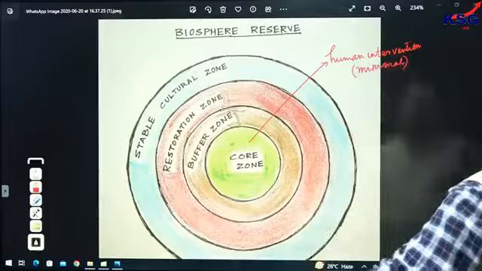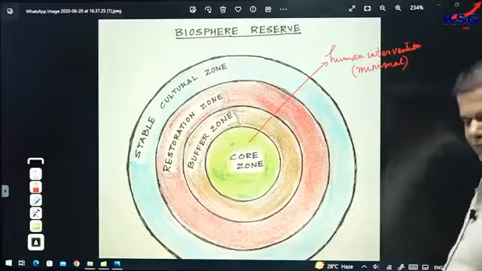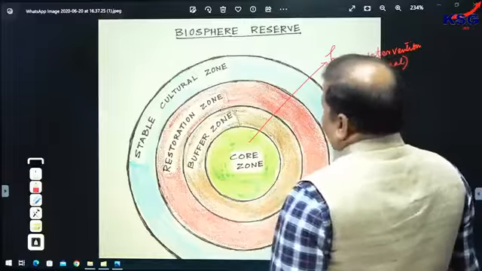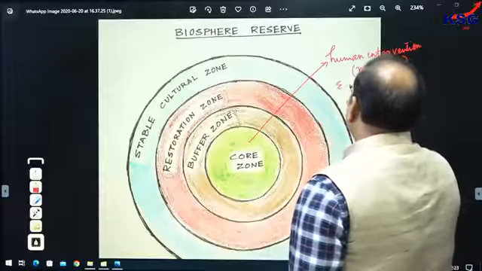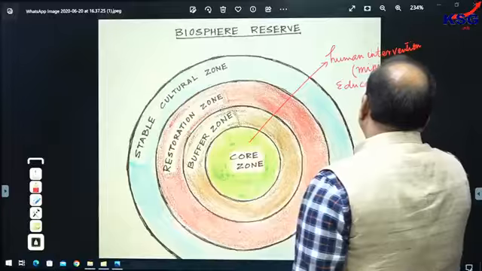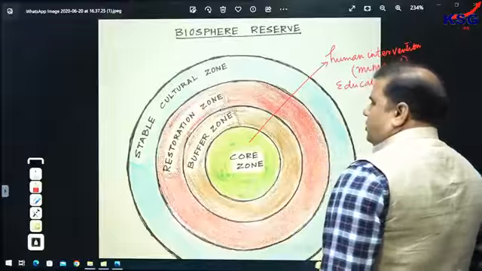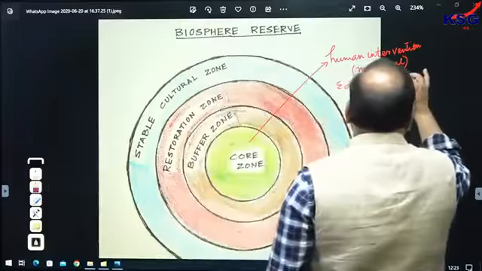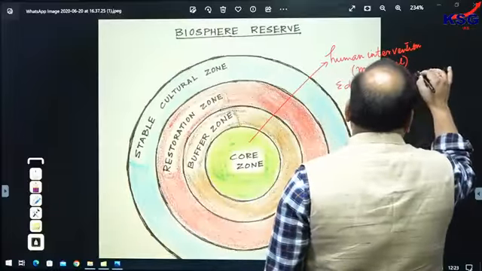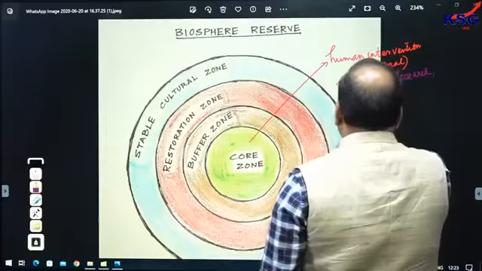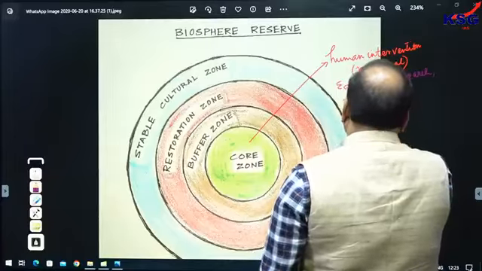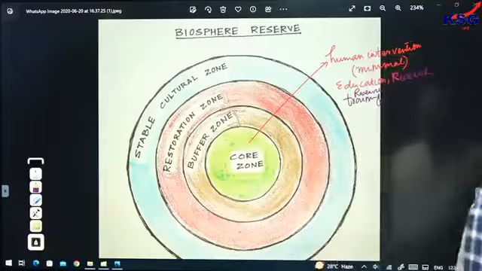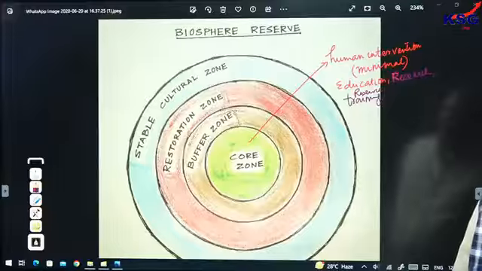And activities like education, research, and training would be permissible.